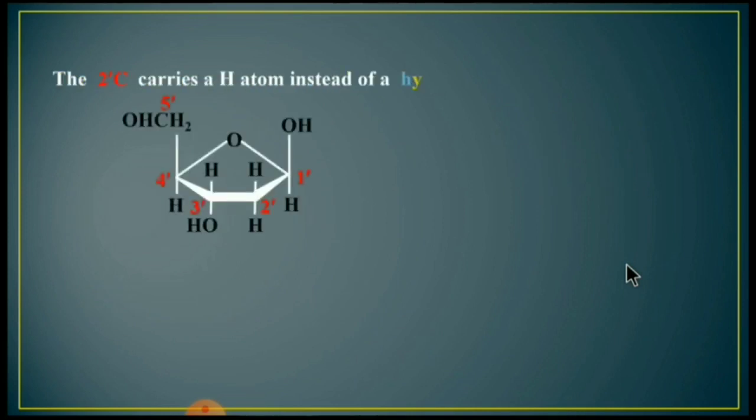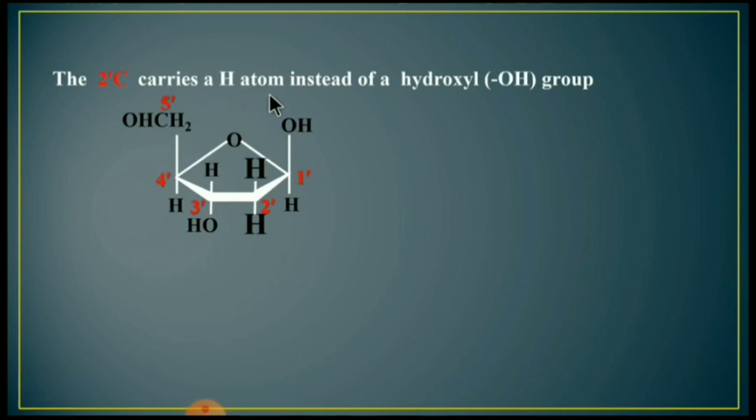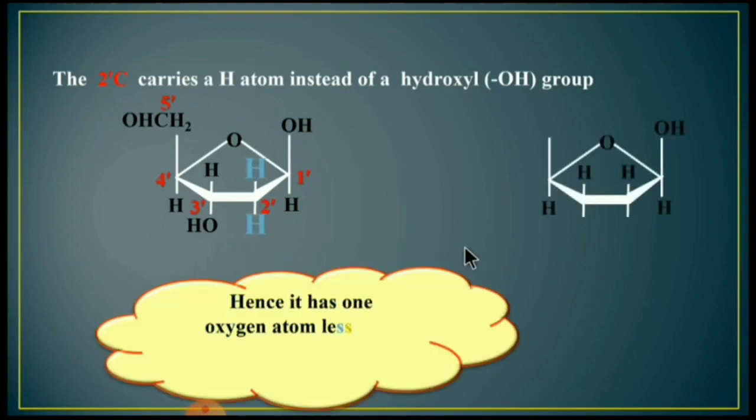When you look at the structure of deoxyribose sugar, the 2 carbon carries only a hydrogen atom instead of a hydroxyl group. Look at here, this is first carbon and this is second carbon. One oxygen atom is missing in case of deoxyribose sugar.